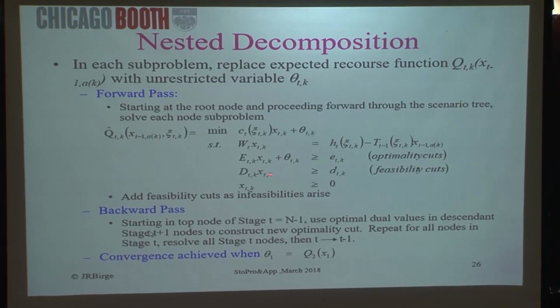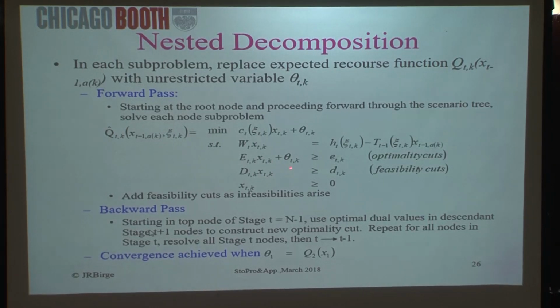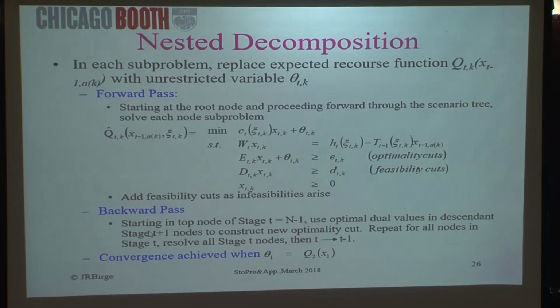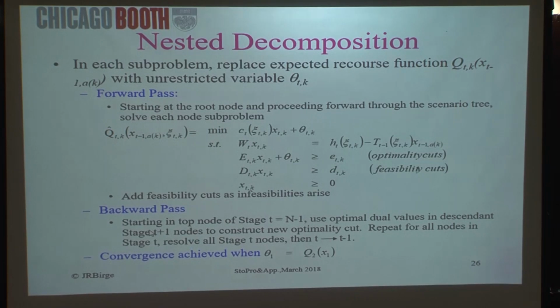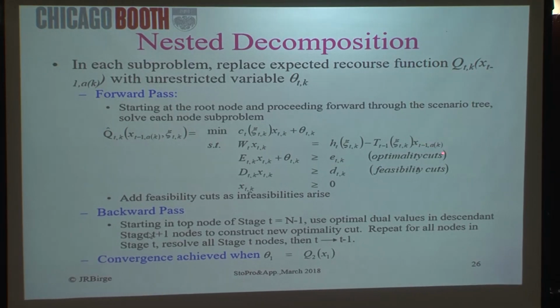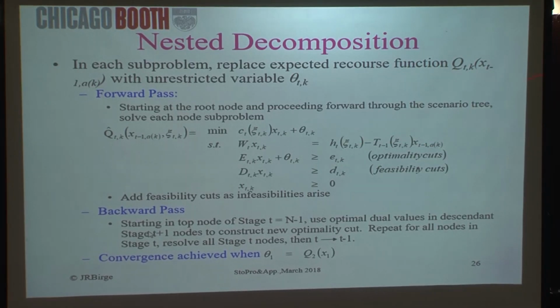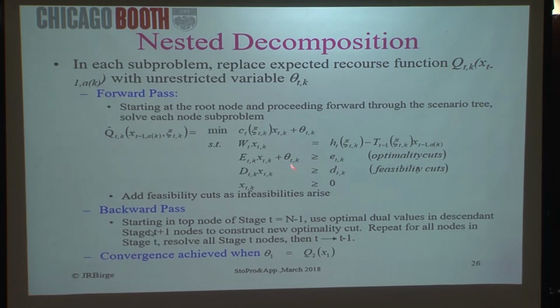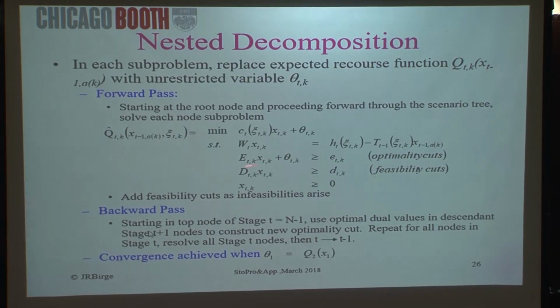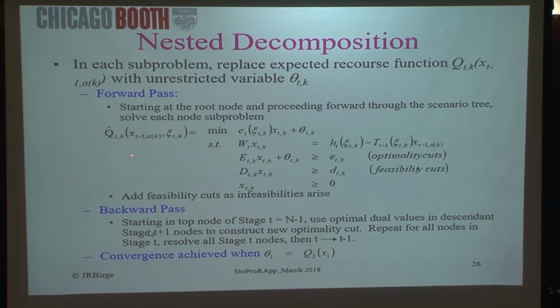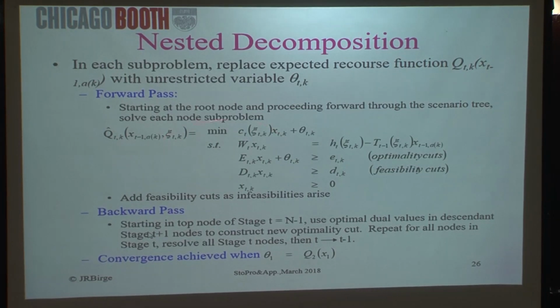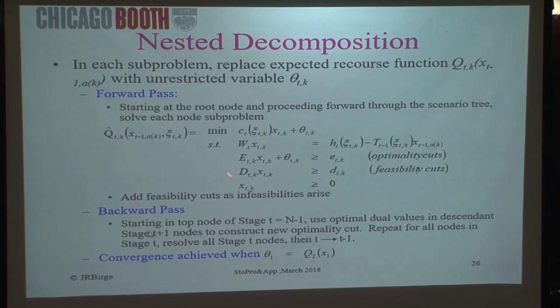And what you do in these multiple stage problems is you can do a lot of different moves in terms of either you go forward in time or backward in time. But if you go forward in time, then you take your x's and you pass them down to the next time period, and then the next time period solves, and then at that second time period, it creates new constraints and sends those constraints back. So then when you go backwards, you take those constraints and resolve these problems.